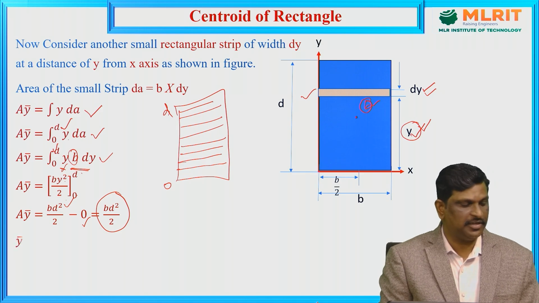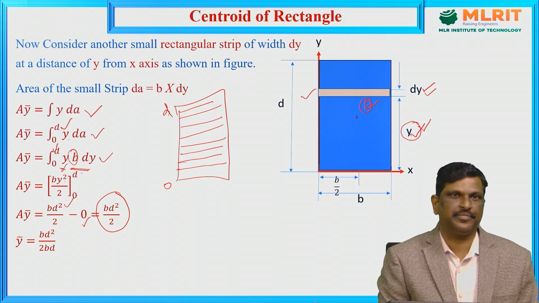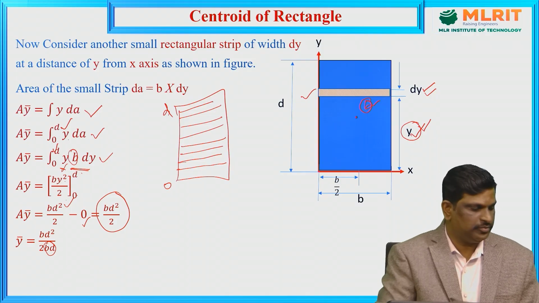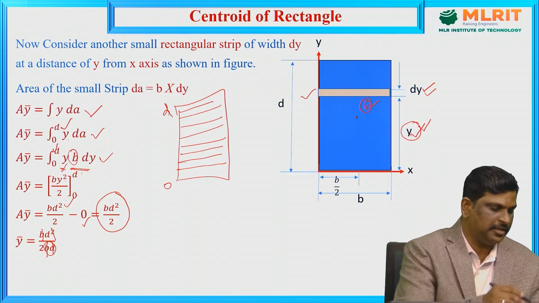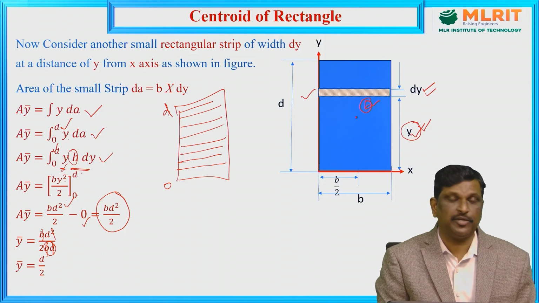Now y bar is equal to b d square by 2 divided by A, the area of the rectangle. A is the area of the rectangle which is given by bd. Now the b is cancelled and one d is cancelled. Finally y bar expression is d by 2.